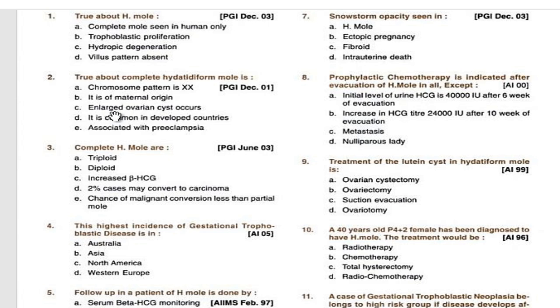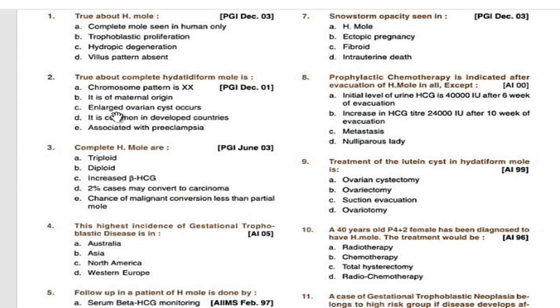Enlarged ovarian cyst occurs, that is a true statement, because you have something called the theca lutein cyst. As you know, beta-HCG in the initial parts of a normal pregnancy supports the corpus luteum to secrete progesterone.